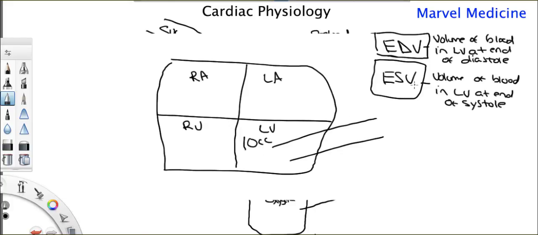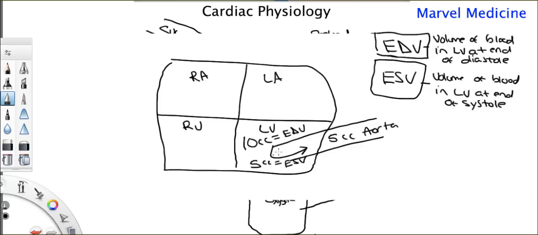And the amount that's left over is my end systolic volume. So let's say 10 cc's is my end diastolic volume, right? And I send out 5 cc's into the aorta. What's my end systolic volume? Well, if I had 10 to begin with, 5 went into the aorta, what am I left with? 5 cc's. That's my end systolic volume. Makes sense? Okay? So we know these.